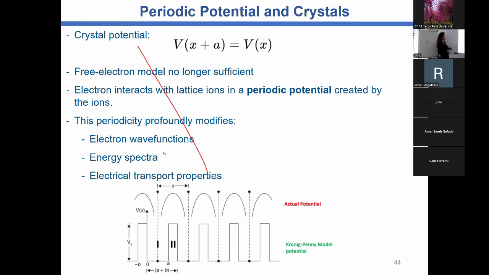We can correlate it with this model described by Kronig-Penney, where we can associate the position of the crystal lattice with the interaction of the electron inside an electrical potential barrier.